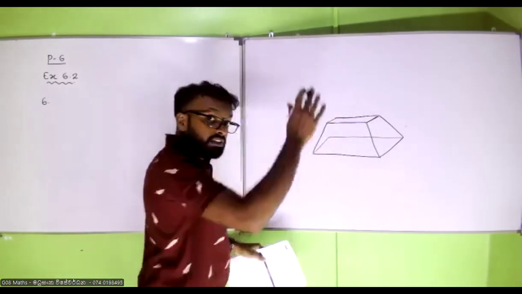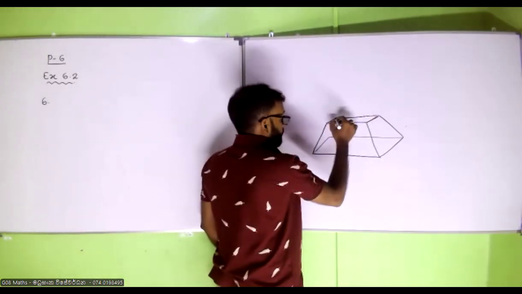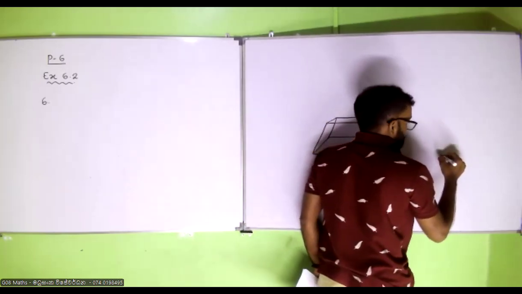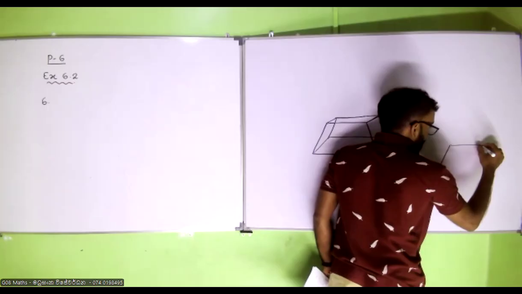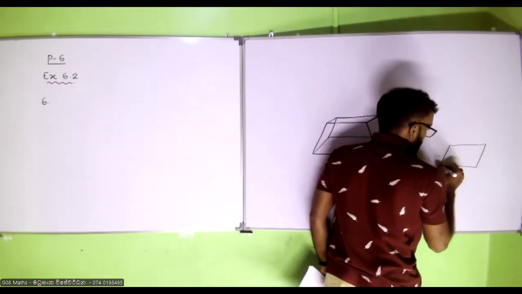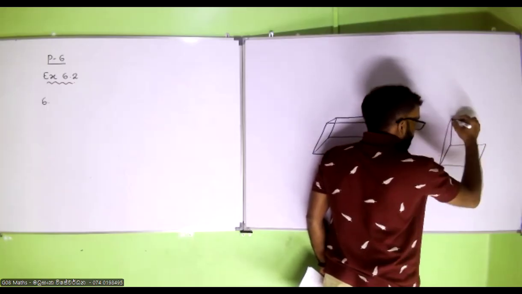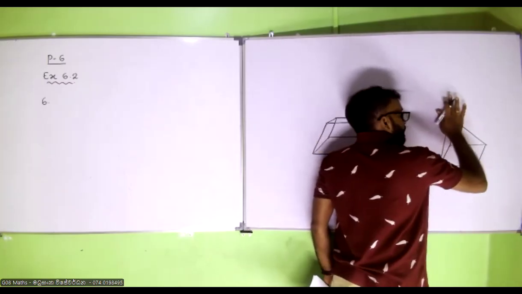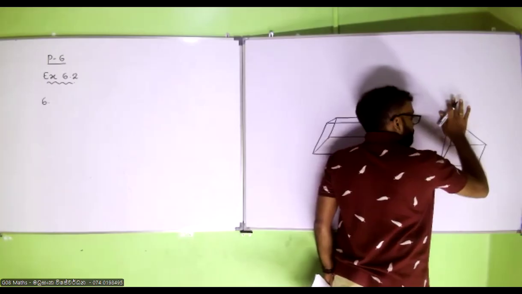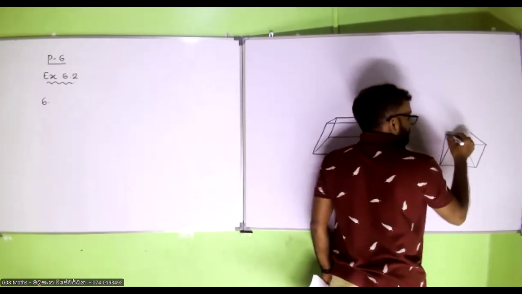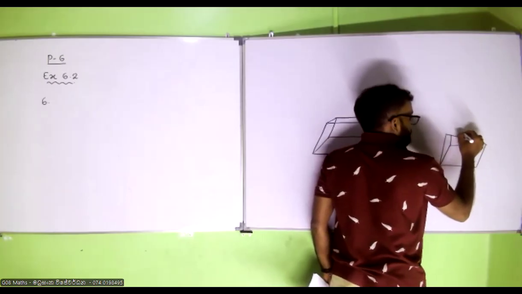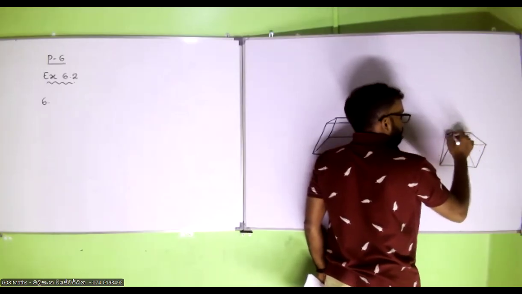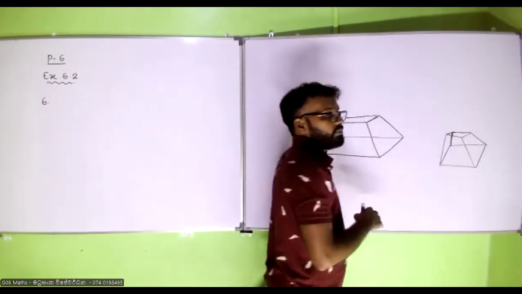So this is originally a pyramid, a square pyramid like this. But it's saying an upper part has been cut out. So it becomes something like this.